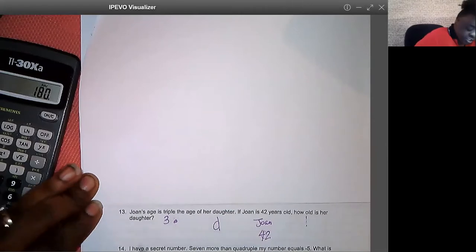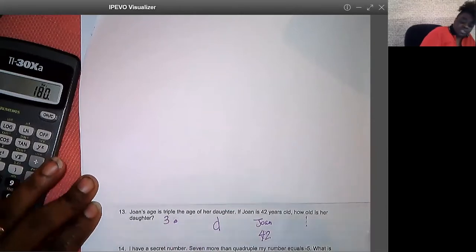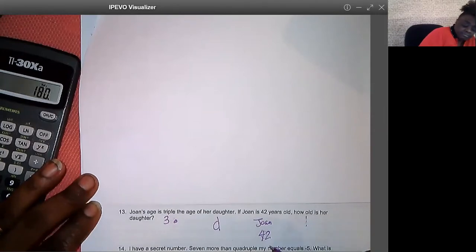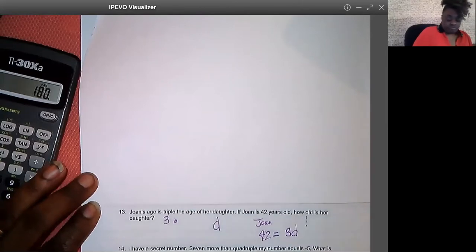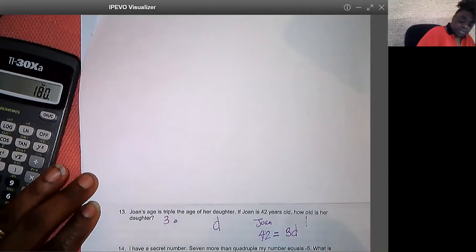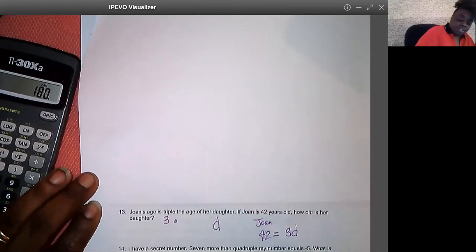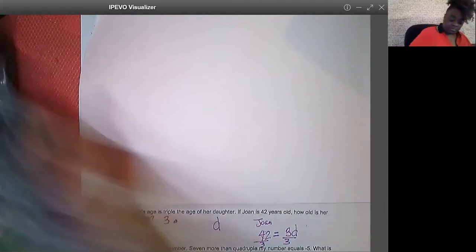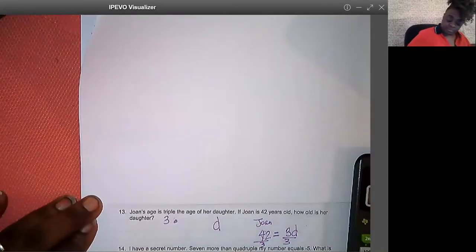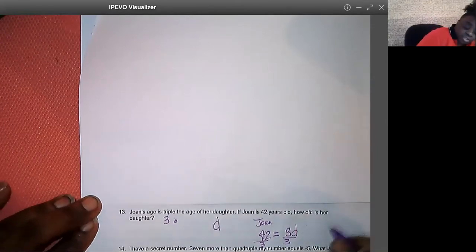Joan's age is triple the age of her daughter, so we need to find her daughter's age. Joan is 42, and we want to triple the daughter's age because we don't know how old the daughter is. So that's 3D. So we're going to divide by 3, divide by 3. Oh, so her daughter is 14.